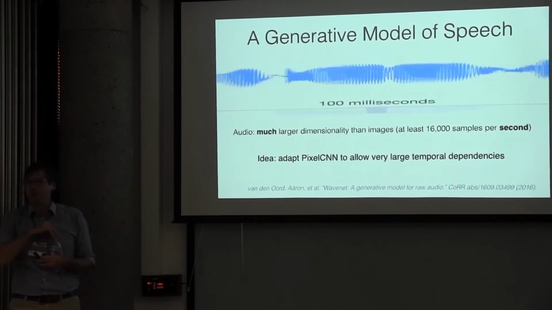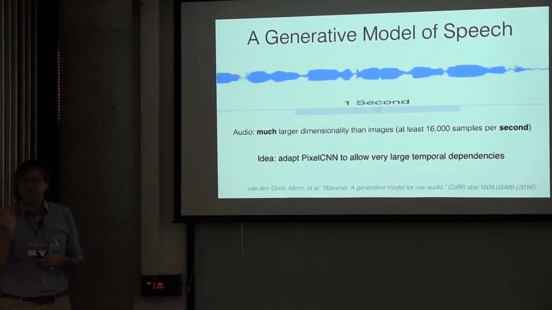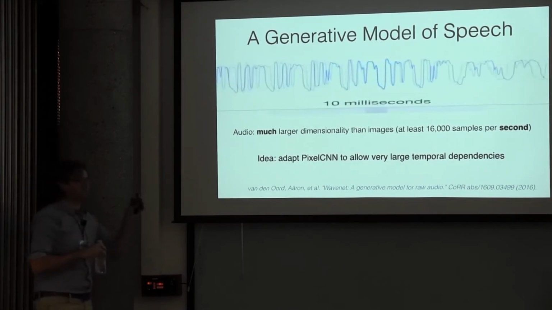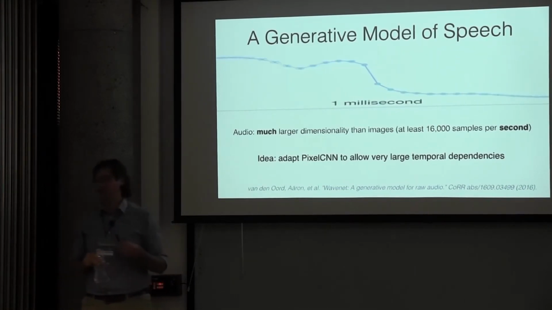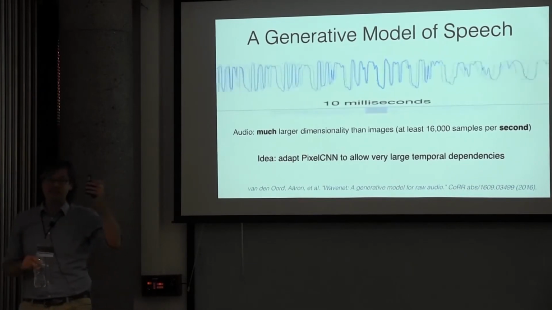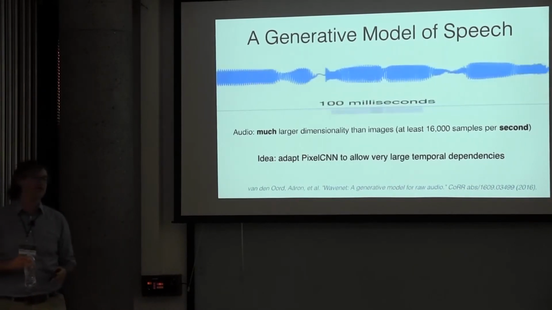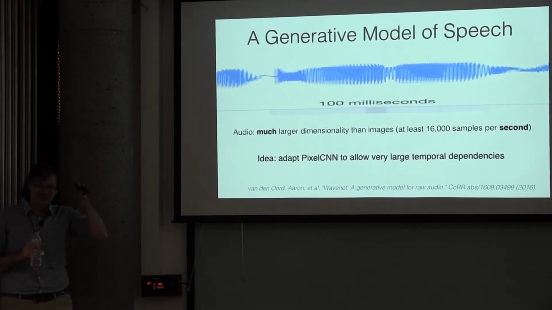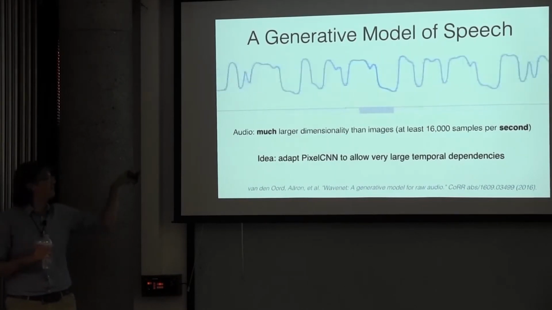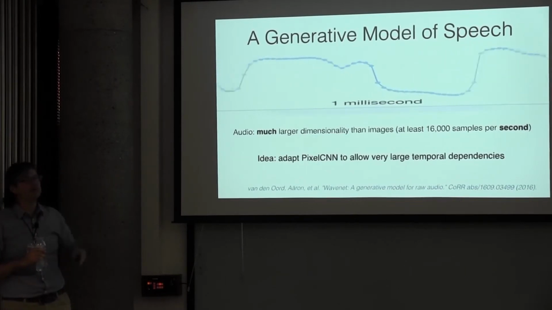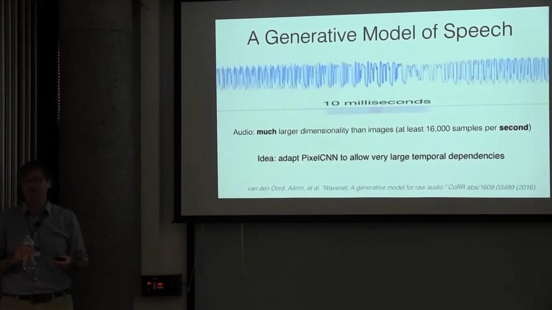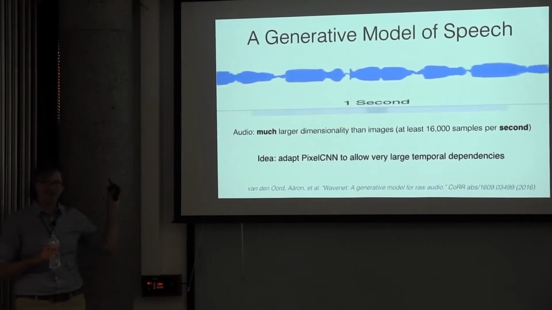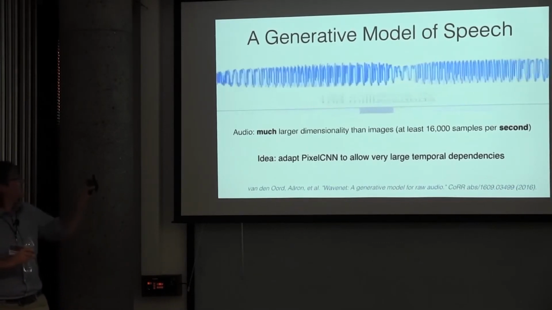If you don't model that properly, the sound ends up turning out very robotic compared to natural-sounding human speech. Our goal here is to model natural speech. We're trying to ultimately put in text and have somebody speaking come out of it. That's the goal with these kinds of models. If you don't get the low-level details right, the details at that time scale, it sounds robotic. I don't know if you know the Cylons on Battlestar Galactica. Anyway, it sounds like that.